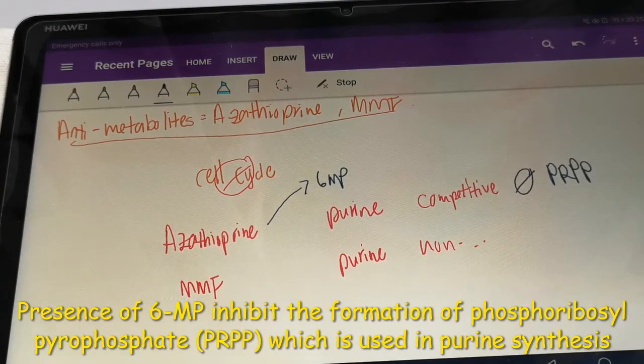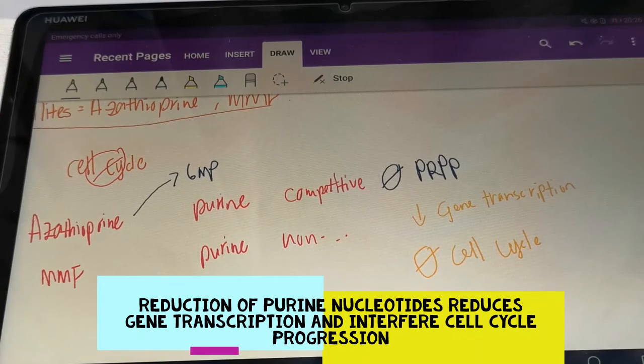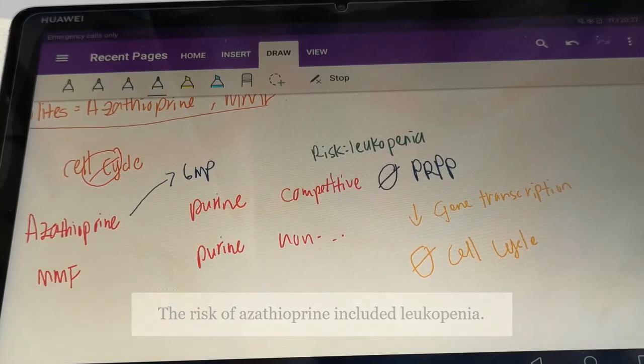The presence of 6-MP inhibits the formation of phosphoribosyl pyrophosphate, which is used in purine synthesis. The reduction of purine nucleotides reduces gene transcription and interferes with cell cycle progression. The risk of azathioprine includes leukopenia.